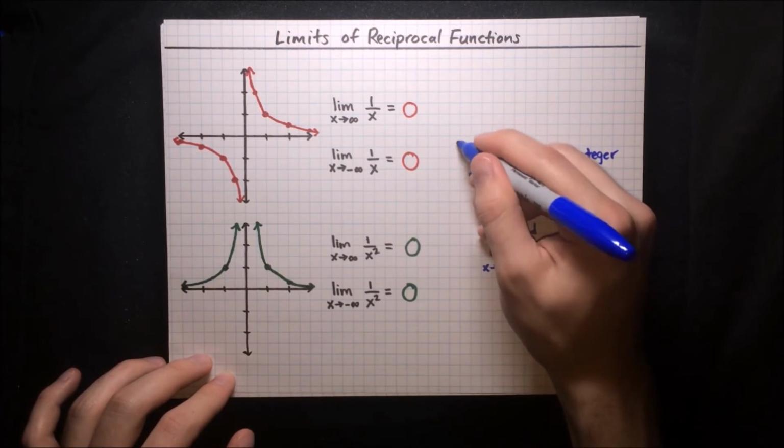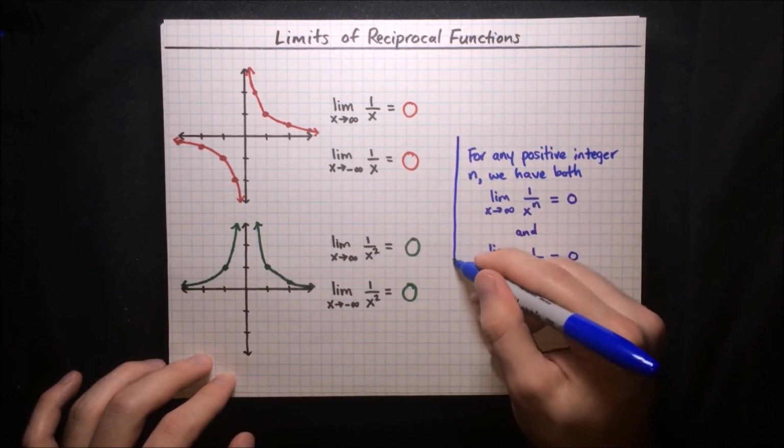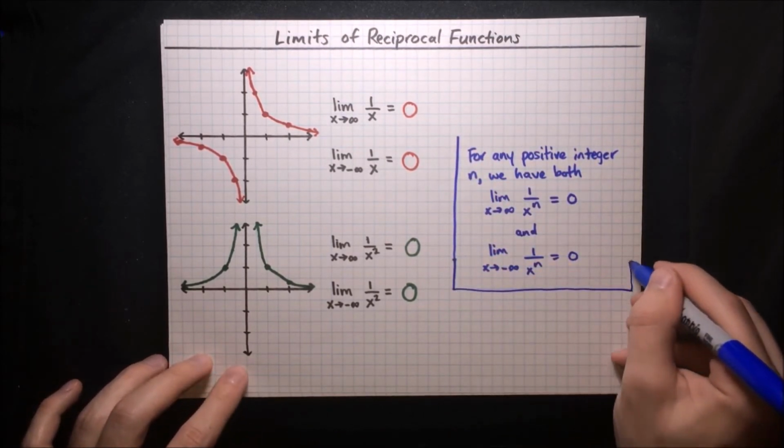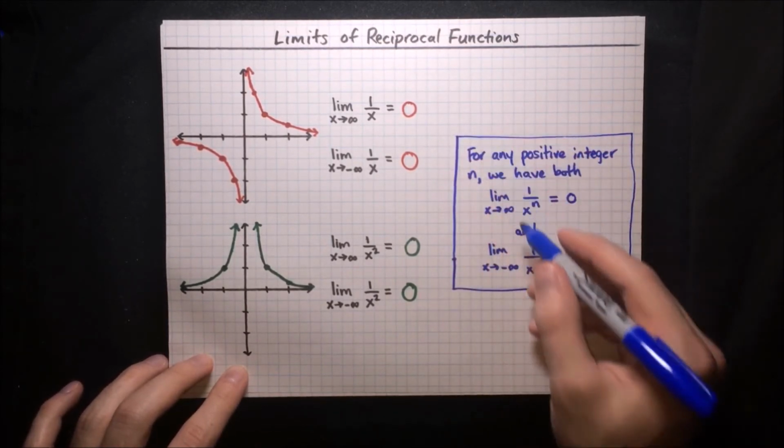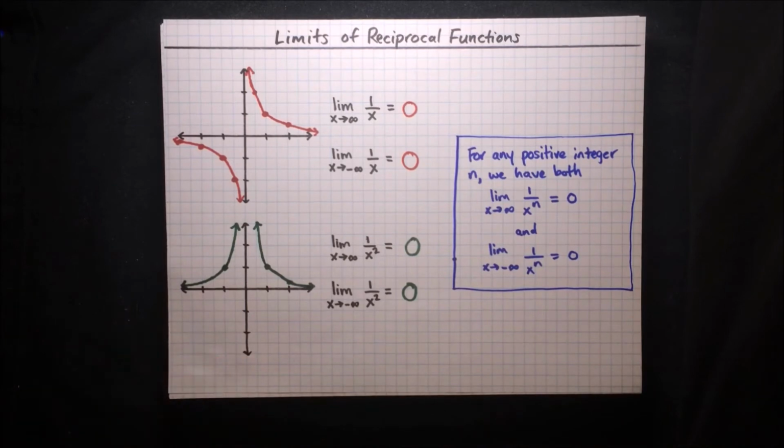So this is the important takeaway here. Whenever you have 1 over x raised to some positive power, then the limit at positive or at negative infinity, both are going to be 0.